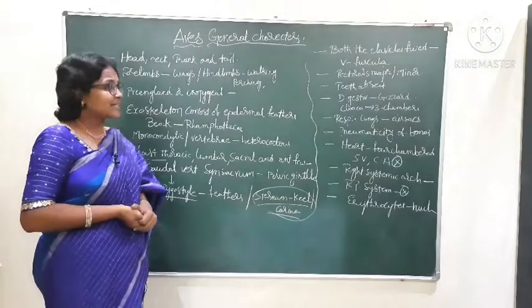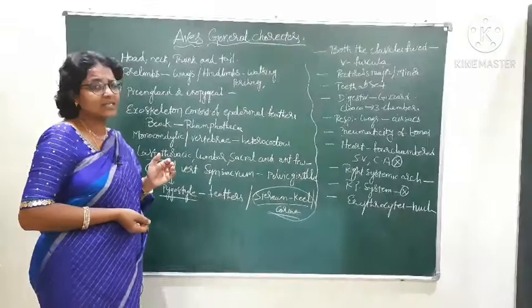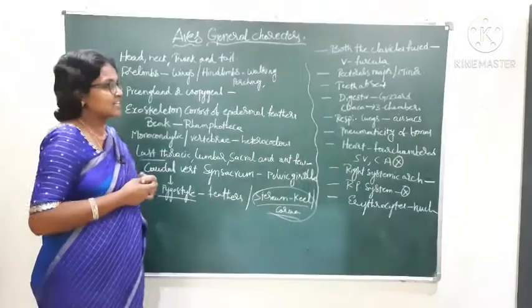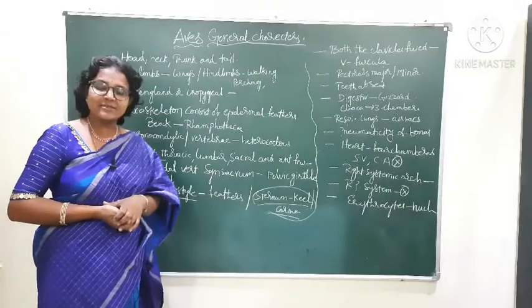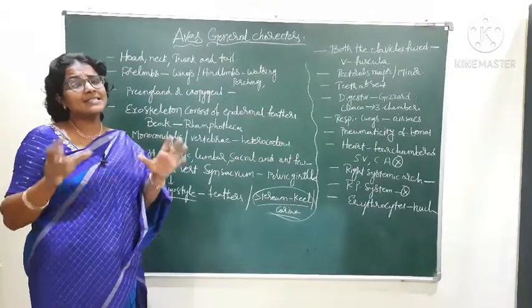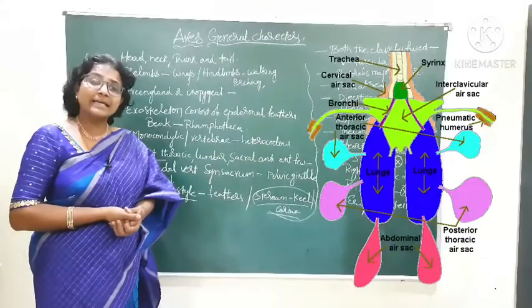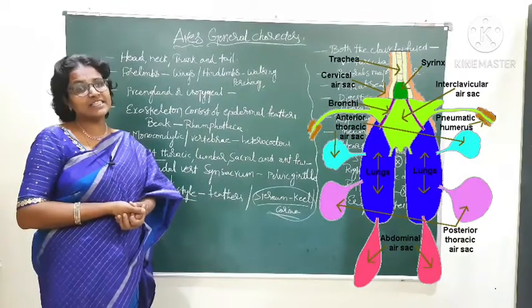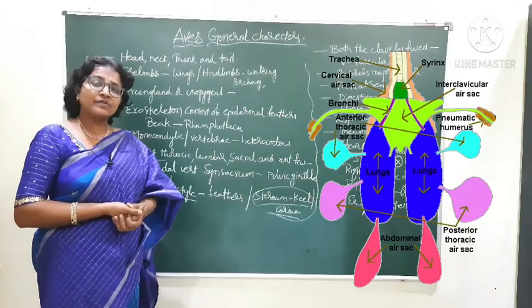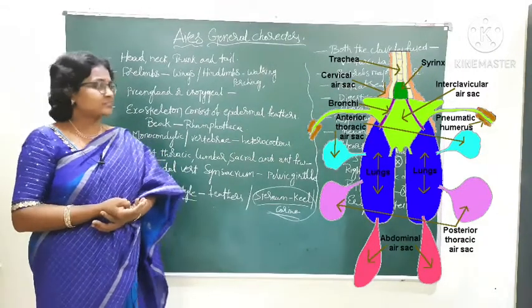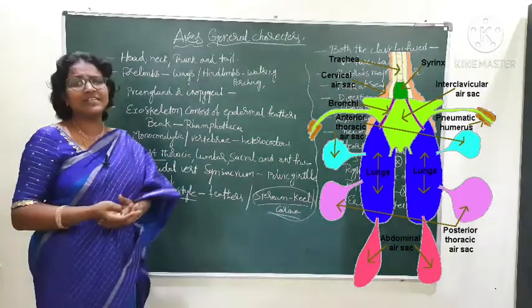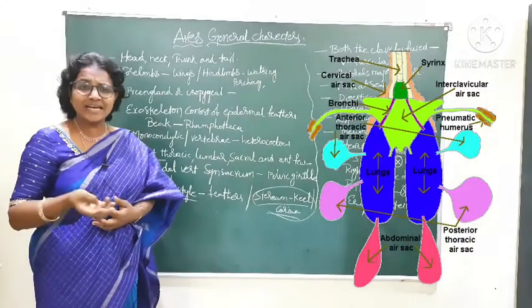And the other characteristic feature useful for flight: if we take the respiratory system, we are looking at the diagram. Respiratory system with lungs, it has 6 air sacs. 3 pairs of air sacs are present in each lung that are useful for the continuous oxygenation of the blood. And the bones which are filled with air, those bones are very light, pneumatic bones.